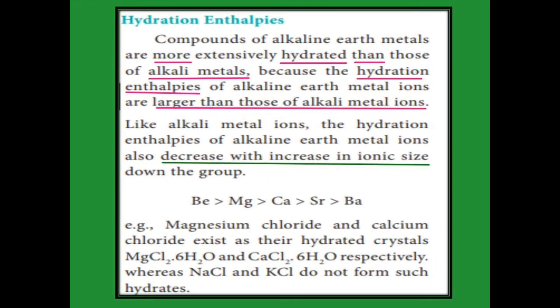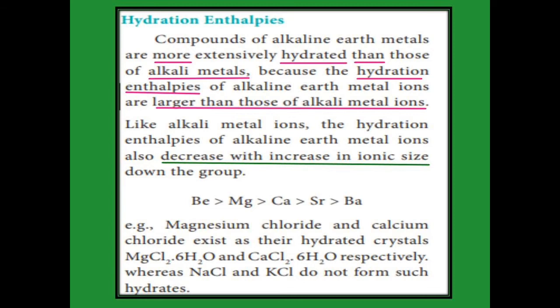Hydration enthalpy. The compounds of alkaline earth metals are more hydrated than those of alkali metals. The hydration enthalpy of alkaline earth metals is larger than those of alkali metals. The hydration enthalpy decreases when the ionic size increases. Group-wise, beryllium has more hydration enthalpy than magnesium, and magnesium has more than calcium.